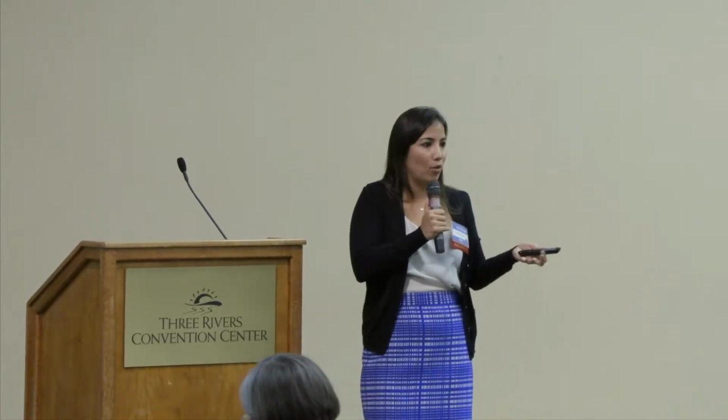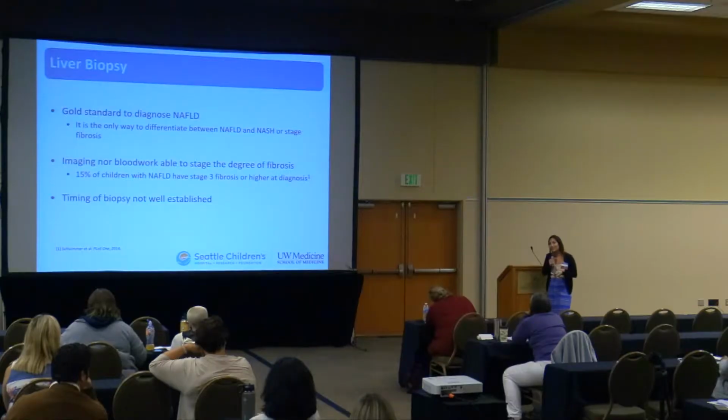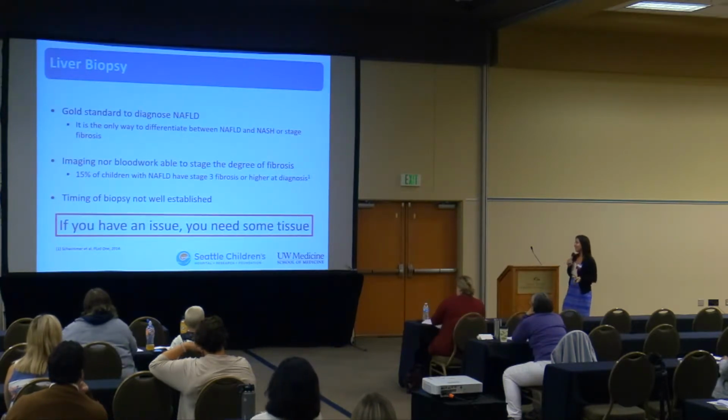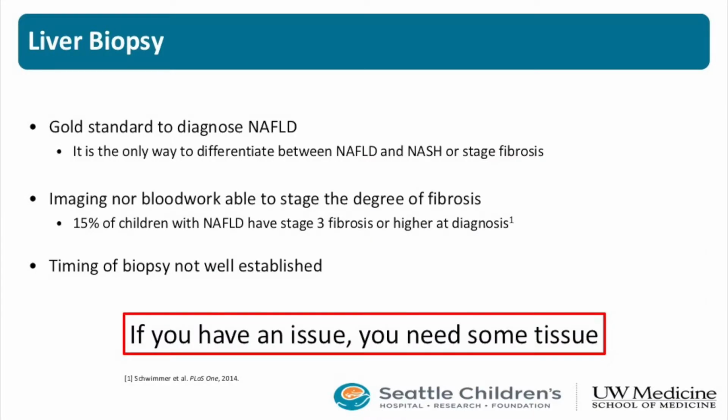Or if there's something that just doesn't add up. My Asian skinny kids, I tend to biopsy them more because they come with, again, higher liver enzymes. And I'm like, are you going to be one of those skinny fatty livers or are you going to be something else? So at the end of the day, one of my attendings used to say this, if you have an issue, you need some tissue. So fatty liver diagnosis is still done by liver biopsy.